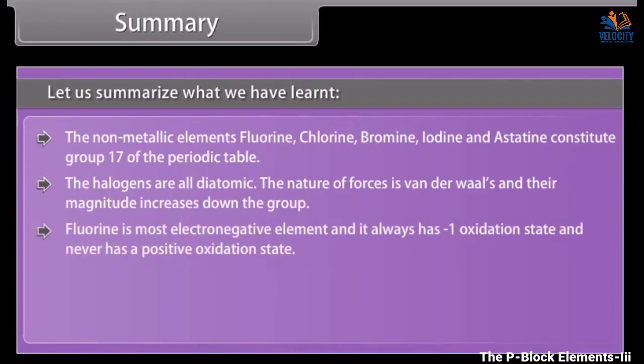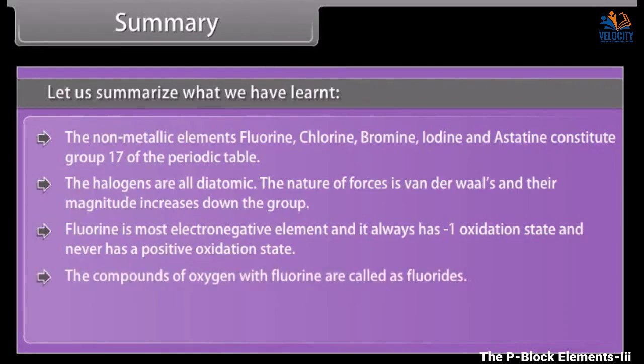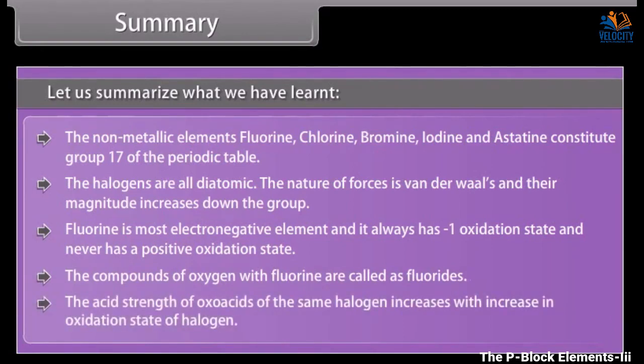Fluorine is the most electronegative element and it always has a -1 oxidation state and never has a positive oxidation state. The compounds of oxygen with fluorine are called fluorides. The acid strength of oxoacids of the same halogen increases with increase in oxidation state of the halogen.